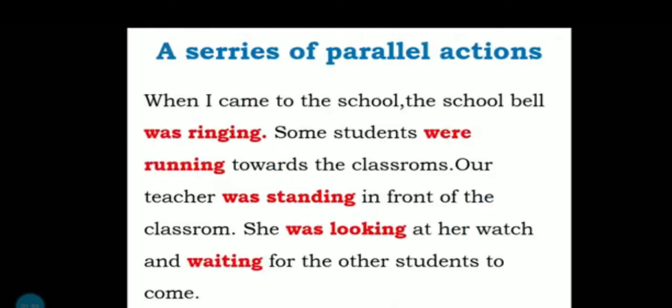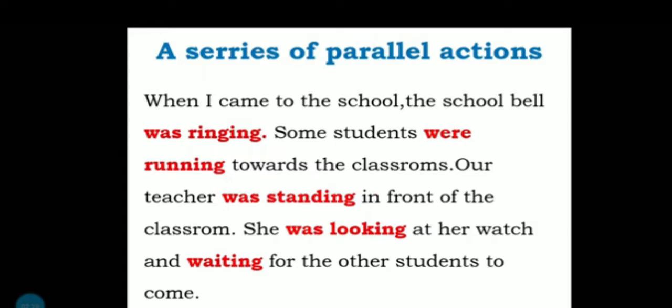We also use the past continuous tense to express a series of parallel actions. Parallel actions, as I explained before, are actions that were happening at the same time in the past.